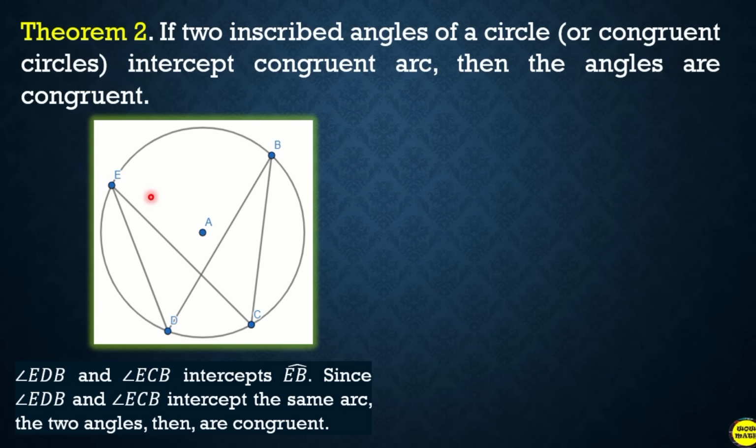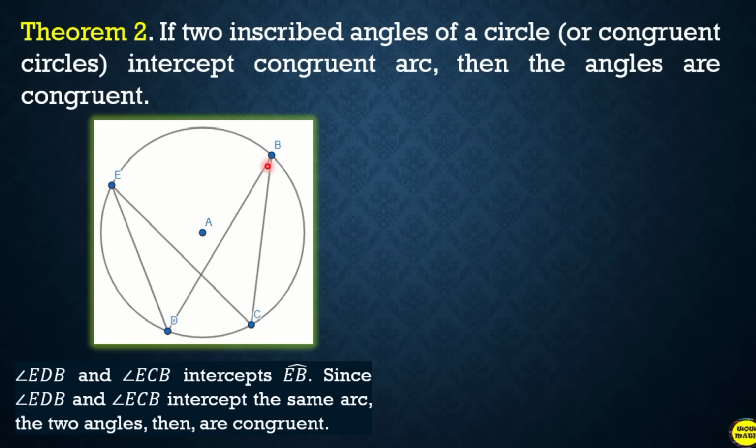So they have only one arc. In this case, since angle EDB and angle ECB intercept the same arc, the two angles are congruent. Okay? That means the measure of angle EDB is equal to the measure of angle ECB. That happens only when our two inscribed angles intercept the same arc.